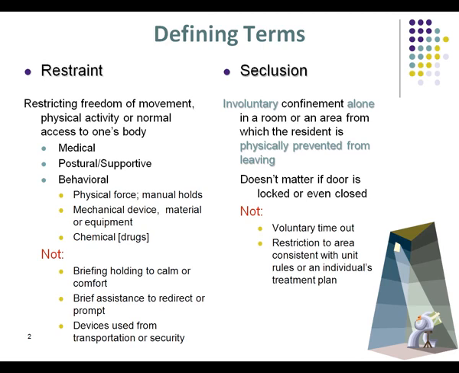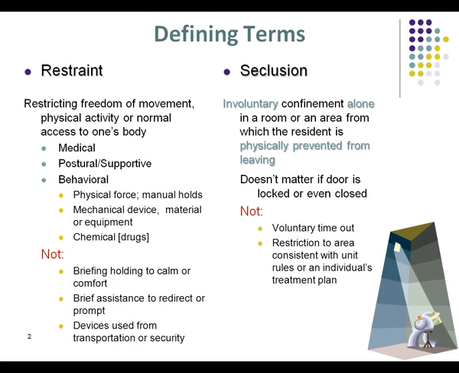Generally, you're not considered to have behaviorally restrained somebody when you briefly hold someone to calm or comfort them, when you are providing some assistance to briefly redirect them or prompt them, and also devices that are used for transportation or security.